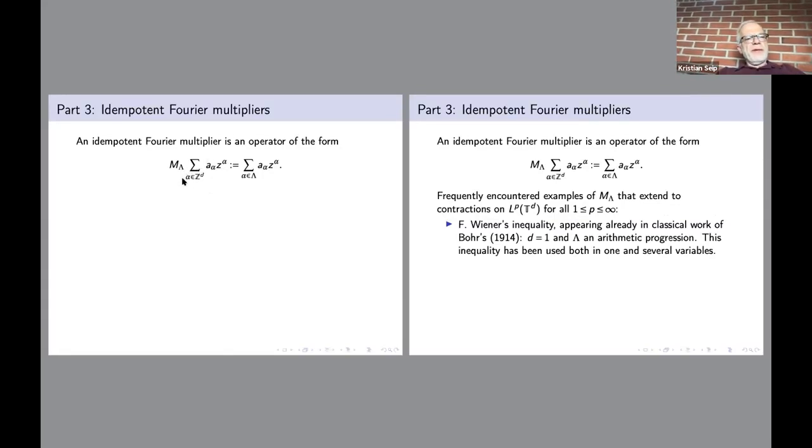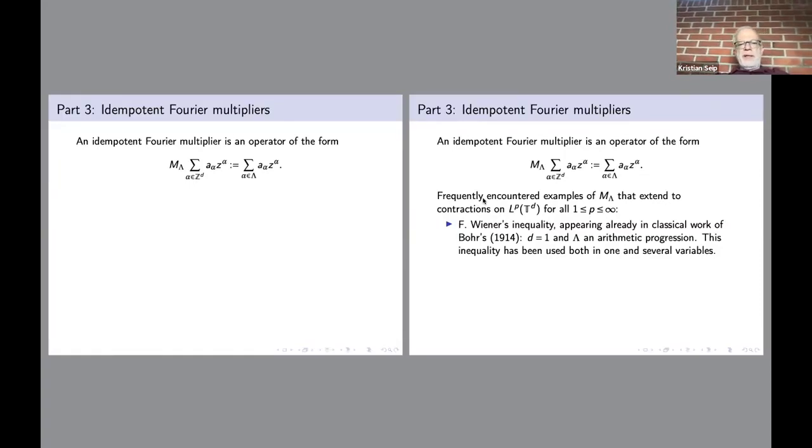We have the frequencies alpha in the lattice points Z^d, and then we have a set lambda of frequencies. And the multiplier is the operator that just restricts the summation to those frequencies lying in lambda. Okay, so it's a subset of the d-dimensional integer lattice. This is the Fourier multiplier that we're interested in.